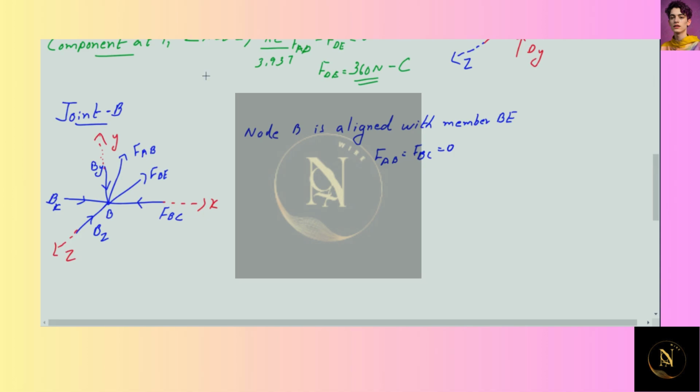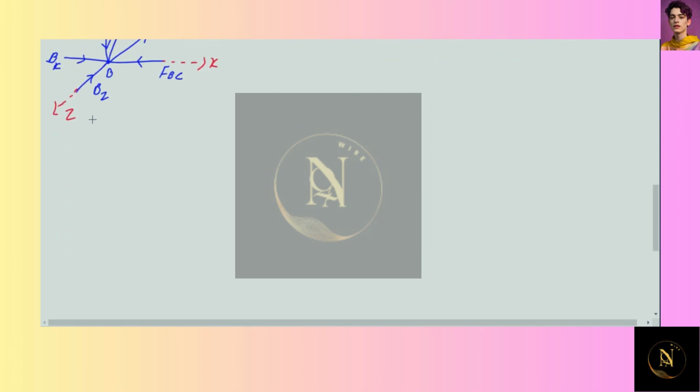Now let's move to the next joint, that is joint E. For joint E, if we consider this is joint E, there will be FDE, FCE, FBC and FAE.